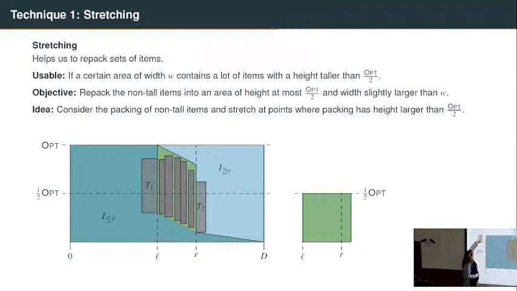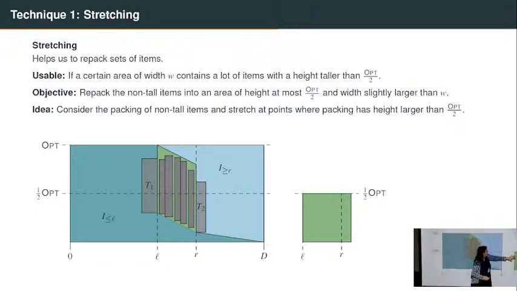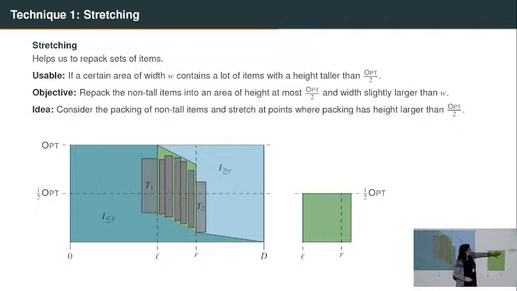And it's a so-called stretching, where we have an area with a lot of tall items, and we have items which are completely contained in this area, which are here in green, and we want to take them out and put them into a container which has a height of at most 1/2 OPT and a slightly larger width than this area before.